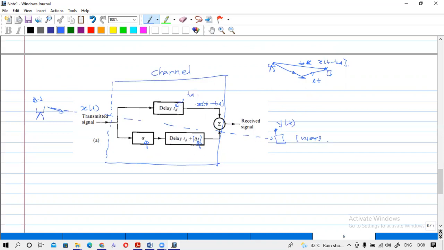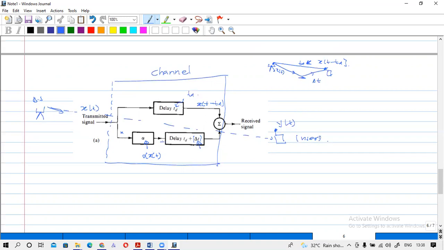Here you also have x(t), the received signal, traveling through this path, and first it has a scale factor. Our transmitted signal will be multiplied by this factor alpha, giving alpha x(t).